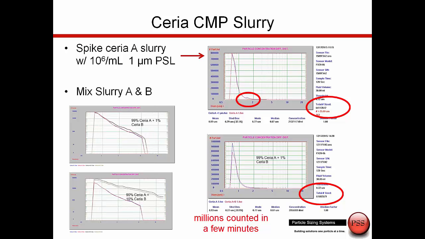And that's why our AccuSizer system is the best system available to find these few large particles. It's partly because of the sensor technology, but also because of the fluidics and our ability to dilute, so that we can consistently measure these large particles at very high count rates, never worry about coincidence, and have very accurate results.